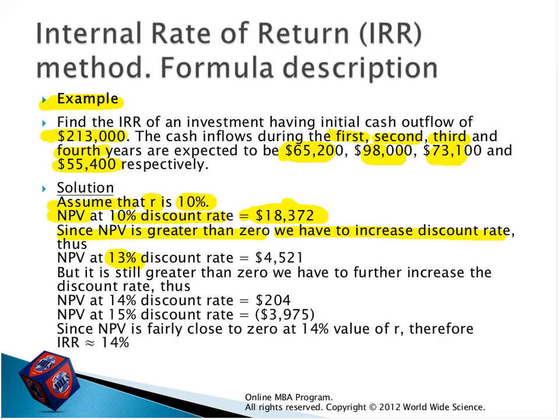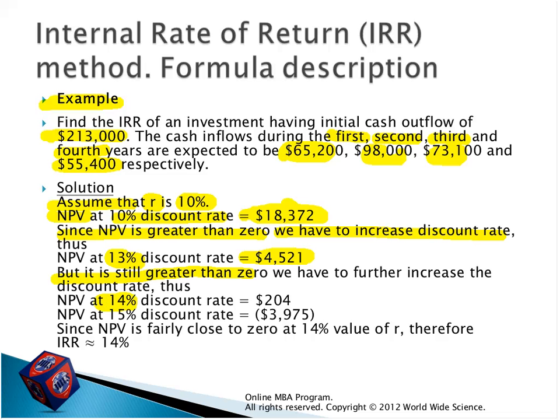After calculation of NPVs, we have got an NPV of 4,500. But it is still greater than 0. We have to increase our rates. So we just increase by 1%, and it becomes a 14% discount rate.